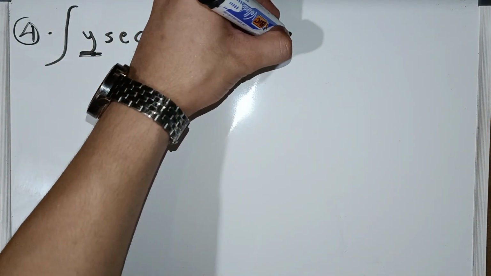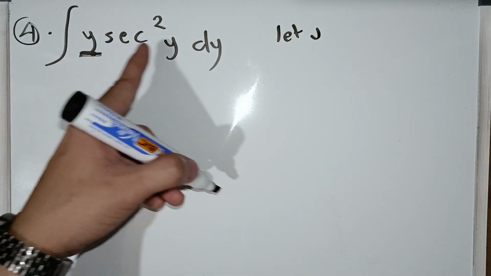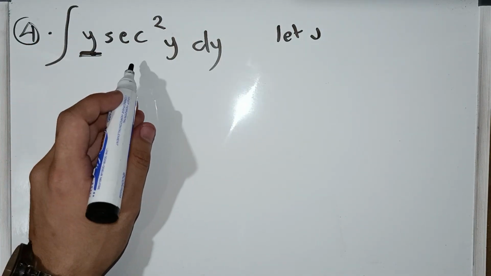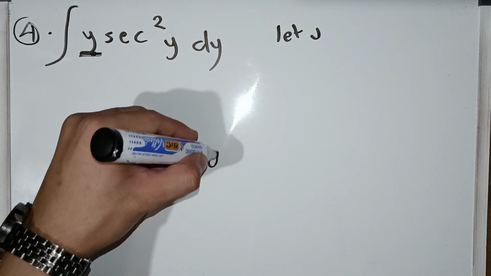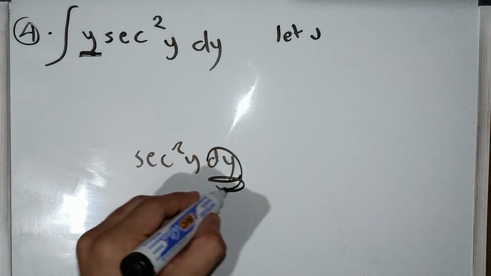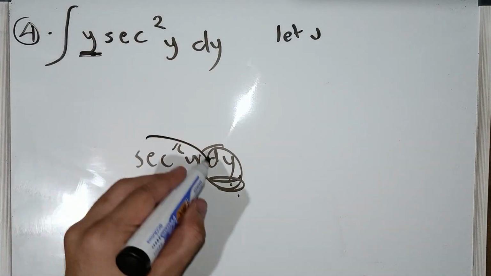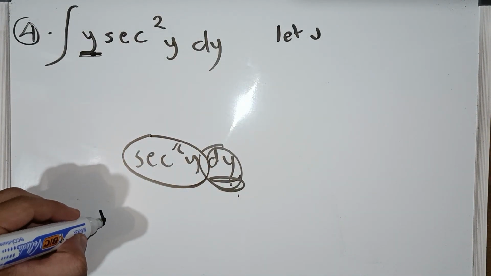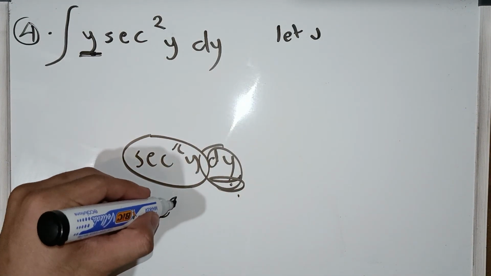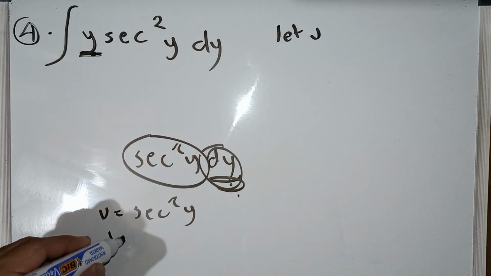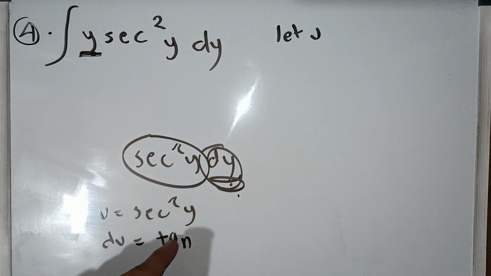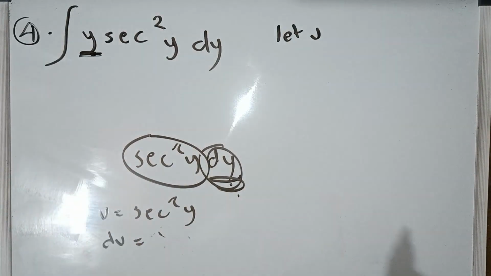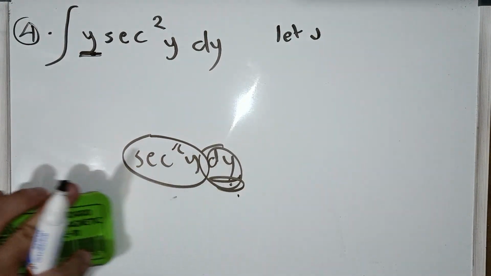Since the secant square y is equal to tangent, we could let u be secant square y, but letting u equal y gives us a simpler integration.